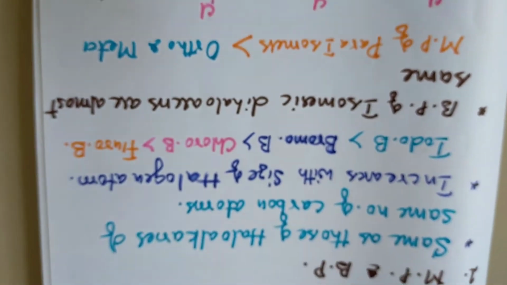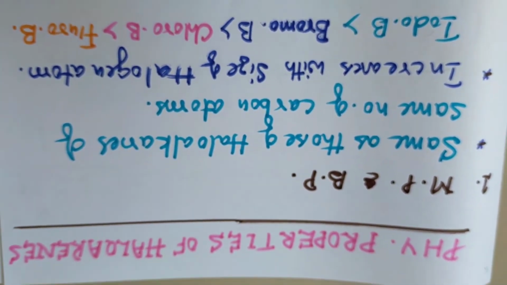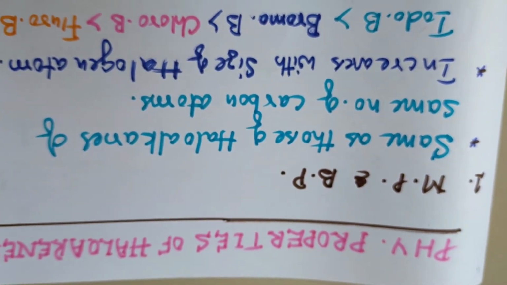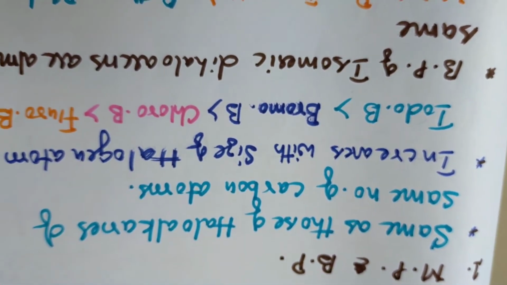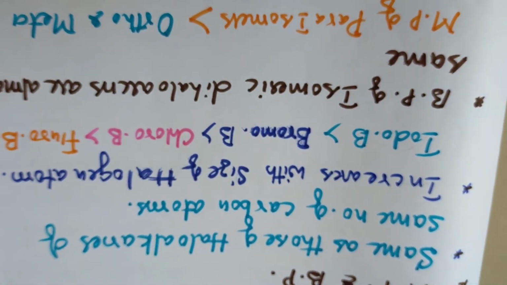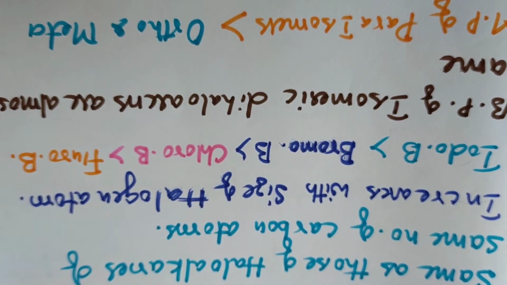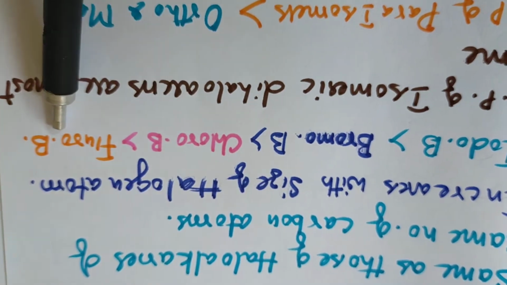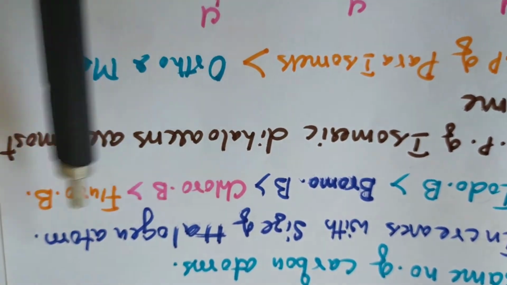I conclude: the melting point and boiling point of haloarenes is the same as those of haloalkanes of the same number of carbon atoms. Again, it increases with the size of the halogen atom. Iodobenzene is greater than bromobenzene, chlorobenzene and then fluorobenzene.